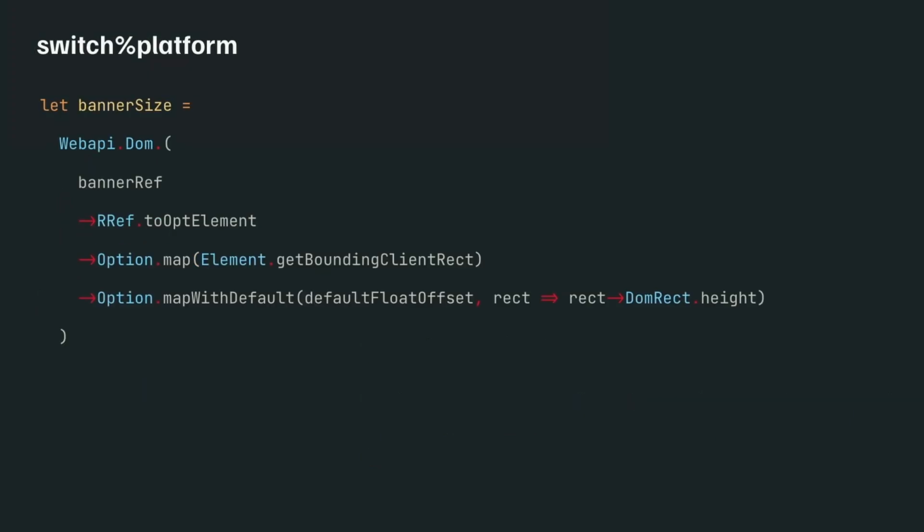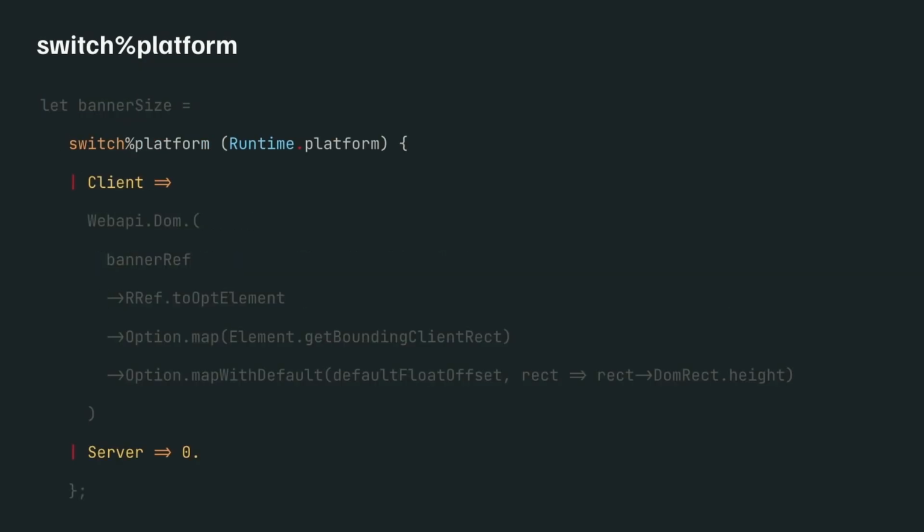The other approach is, okay, I don't want to completely remove the functionality. I just want to have a different version, right? So another example that doesn't make any sense on the server: we want to calculate the banner size based on the actual DOM, so it's like getBoundingClientRect.